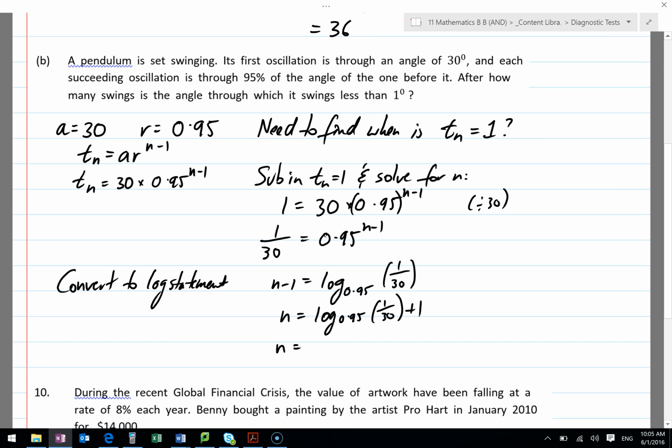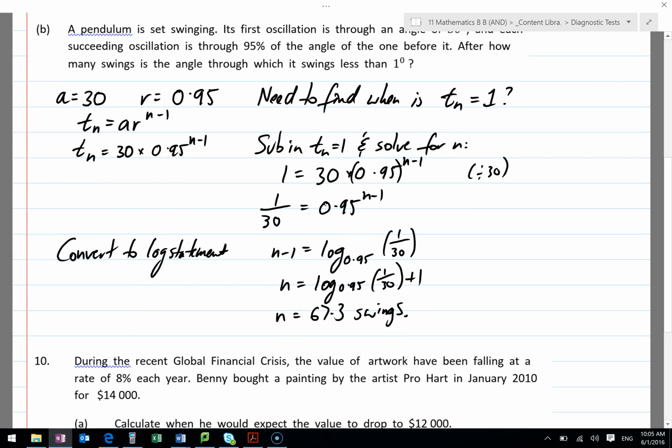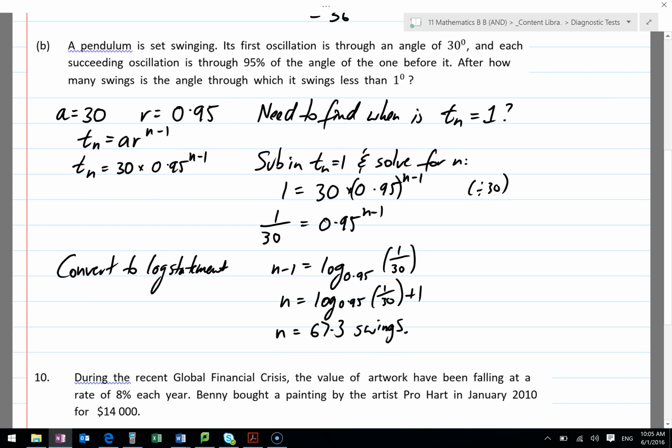Okay, so I'll get n equals, I think it's 67.3. Okay, I can't have 67.3 swings. So I need to round this up because my angle's getting lower and lower. 67.3 would get it to exactly 1. 67 swings wouldn't be enough.